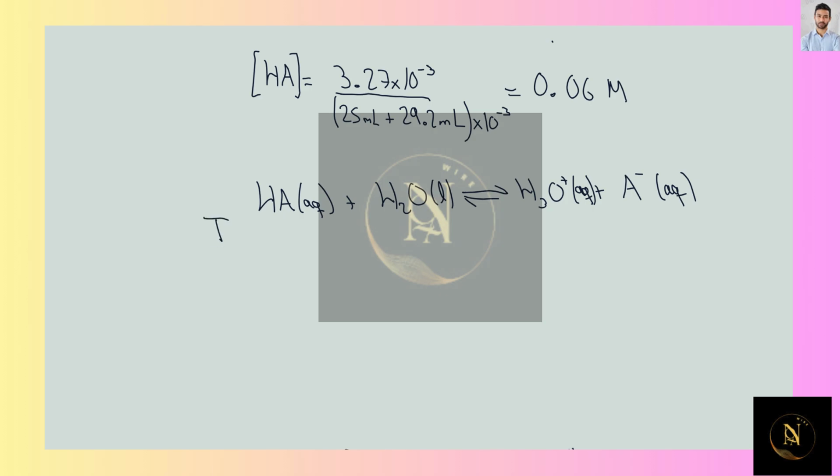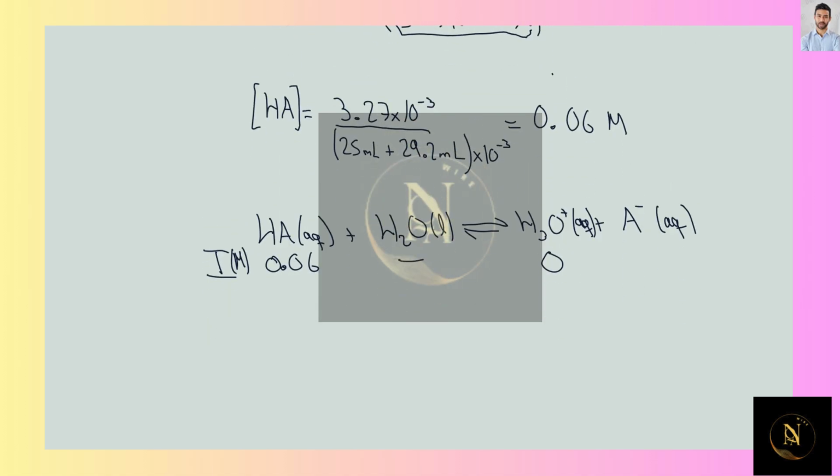Again, we begin with our ICE table. We know that our initial concentration is going to be 0.06, everything in molar concentration. Water doesn't matter. We start at 0. And the initial point of A minus is going to be something close to 0 because we assume that everything reacted at the equivalence point.